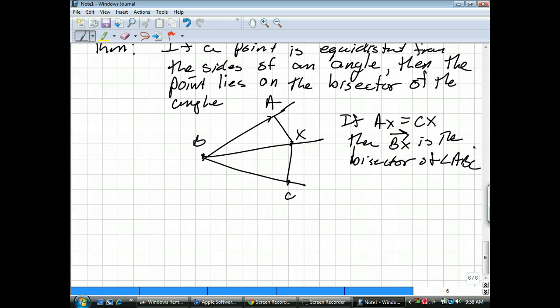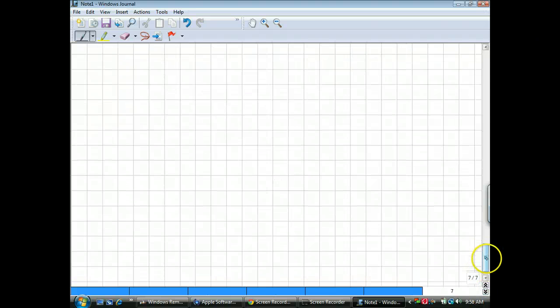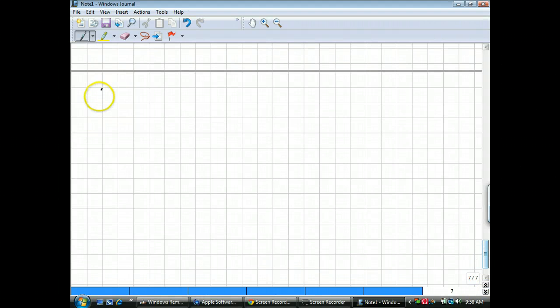All right. So let's look at a couple of examples.